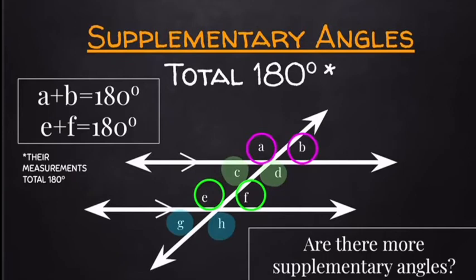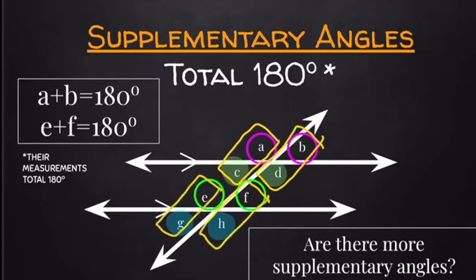Yes, there are actually 4 more. So 还有四个 supplementary angle，就是 AC、BD、FH 和 EG，因为它们都是在直线上的，所以它们加起来也会是180度，是 supplementary angle.